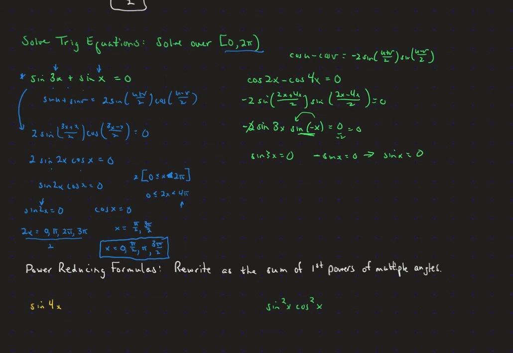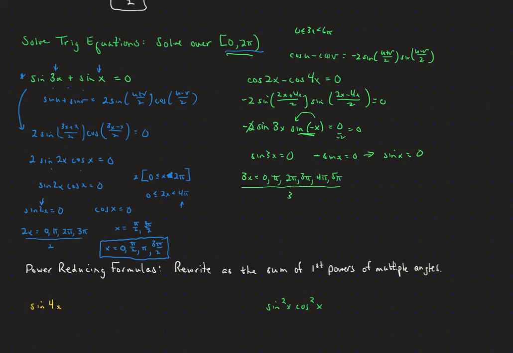So remember, x is going from 0 to 2 pi, which means for 3x, we want to go all the way to 6 pi. So we're going to have 3x going all the way to 6 pi, 3 times around the circle. Sine is equal to 0 at multiples of pi, so that's going to be 0, and pi is 1 trip around the circle. 2 pi and 3 pi is the second trip, and then 4 pi and 5 pi take us around the circle the third time.